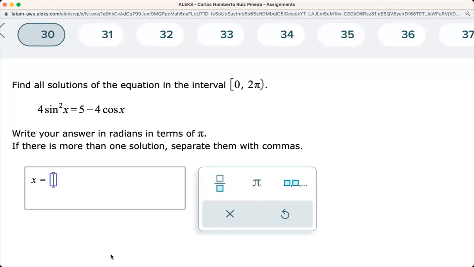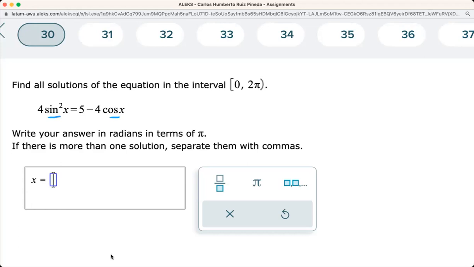We first start by noticing that we have two different functions, sine and cosine. So that means we have to somehow have either sine or cosine.